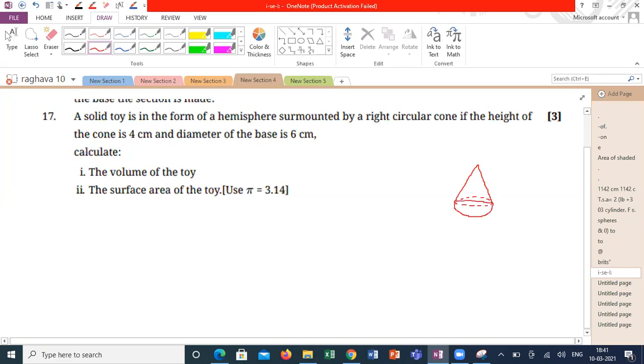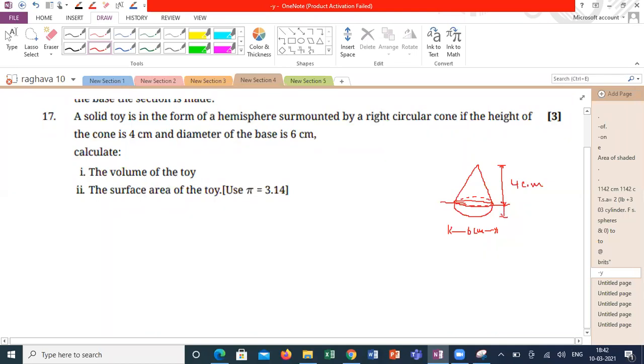Correct or not? Yes, sir. Correct, sir. So the height of the cone is 4 centimeter and the diameter of the base is 6 centimeter. Surmounted means exactly it is aligned, and the height of the cone is only up to here, not the height of the toy. Sometimes they will give the height of the toy. You have to be careful what the exact given dimensions are.